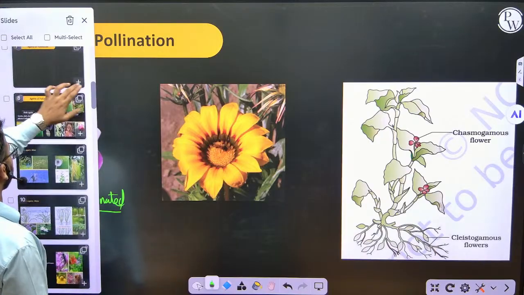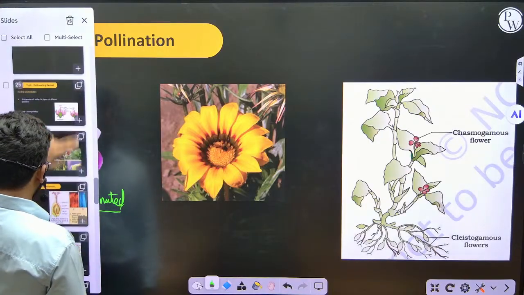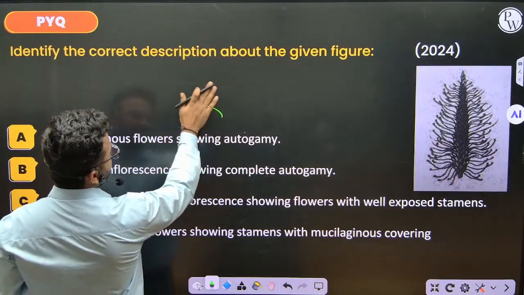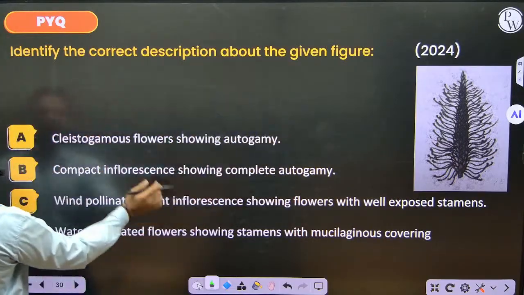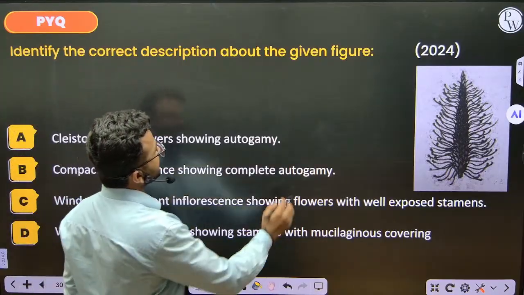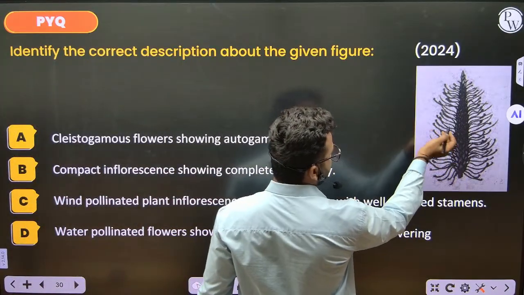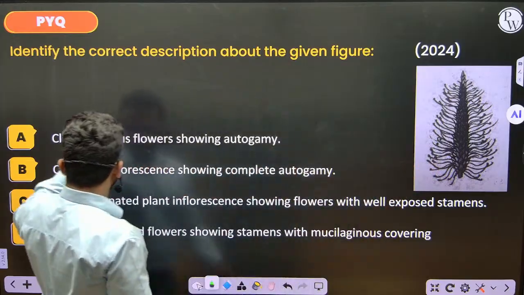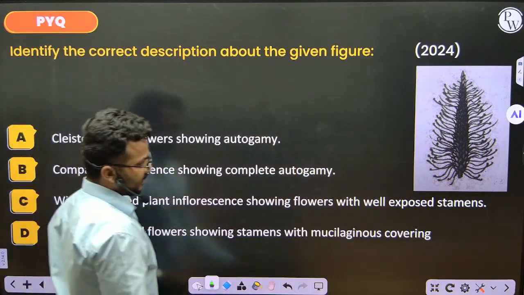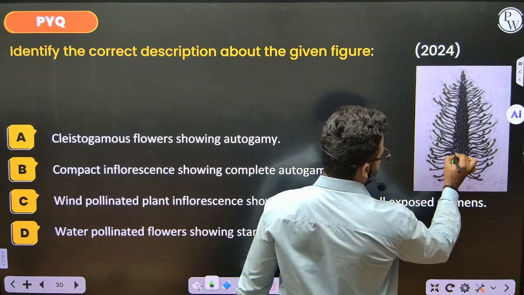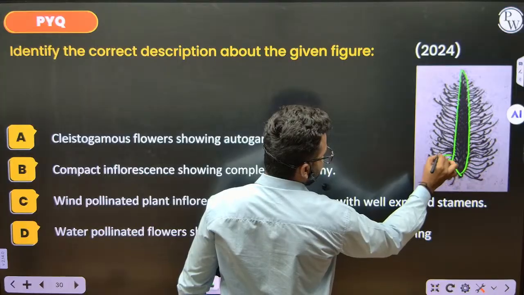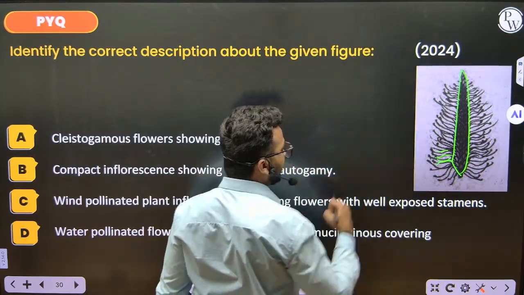We discussed that content in the last session, but see this one, in 2024 I think, yes. They asked to identify the correct description about the given figure. We don't know what it is, but the features given are: it is an inflorescence, and these are feathery and can trap the pollen grains.